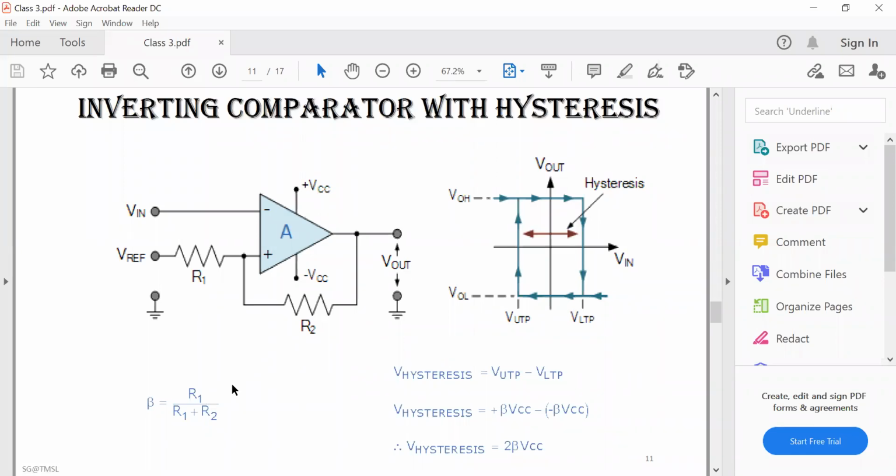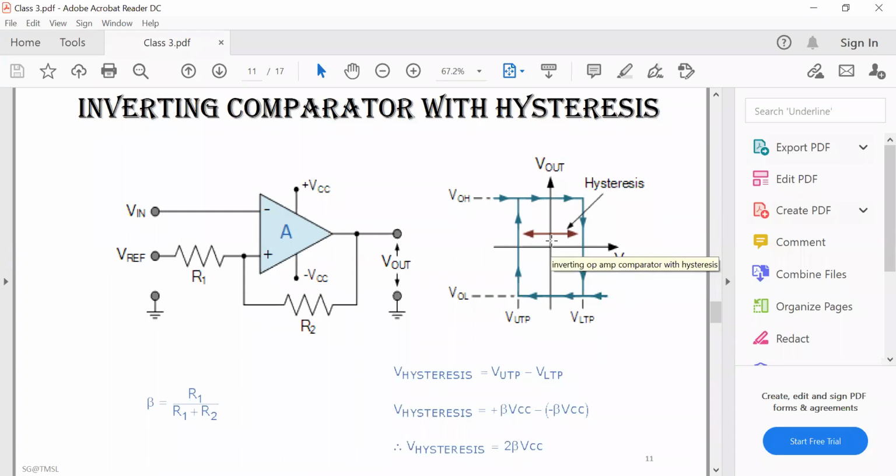Okay, so when the input signal is less than the reference voltage, meaning V in is less than V reference, the output voltage will be high, that is VOH. The output voltage will be high and equal to the positive saturation voltage.